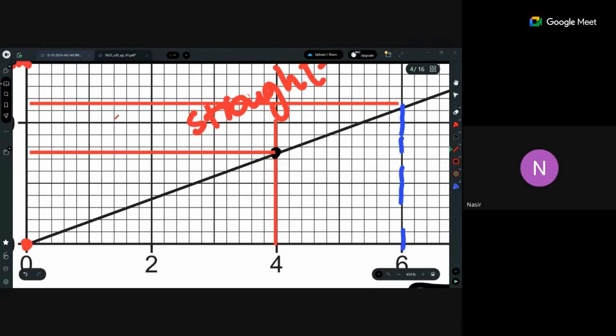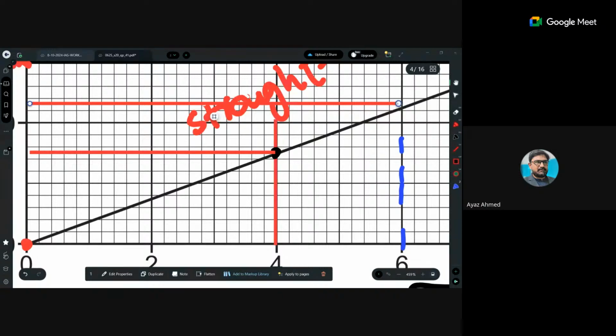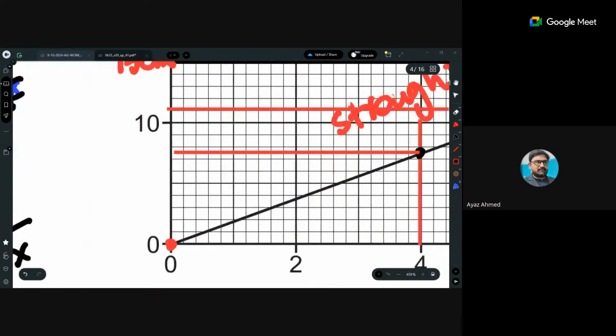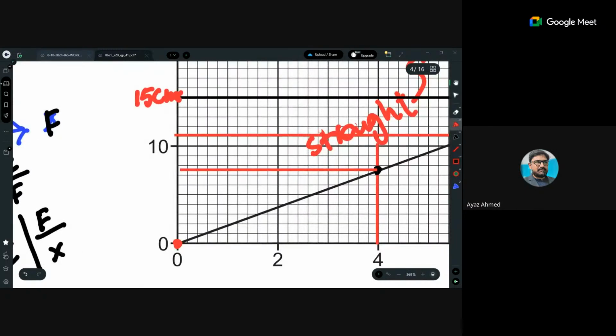Just let me check. It is almost 10. If I connect it over here, yeah, it is 10. Sorry, not 10. It is 11.